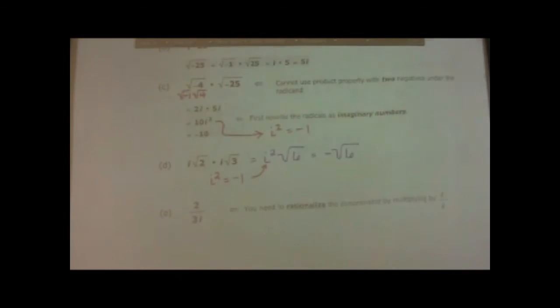All right, my last example. Now i, remember, is the square root of -1. So i is a radical. So just like we can't leave a square root sitting in the denominator, we cannot leave an i in the denominator. The way we get rid of it is we're going to multiply our expression by i over i, which is 1.